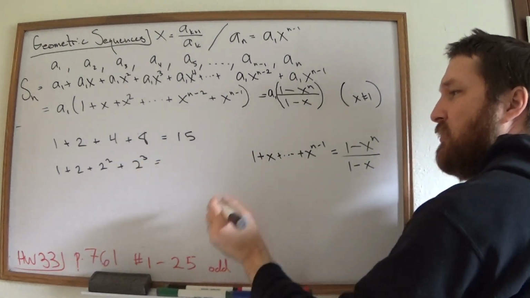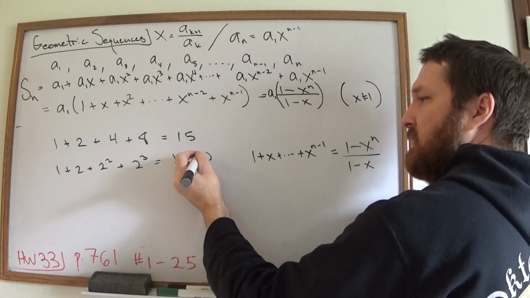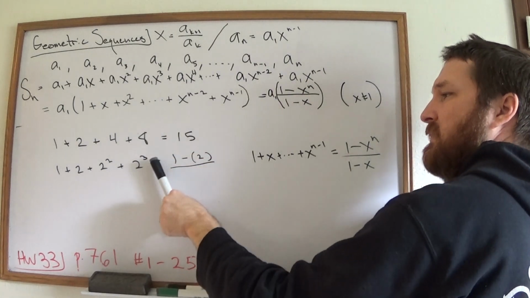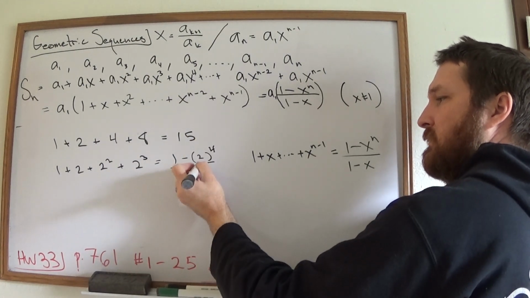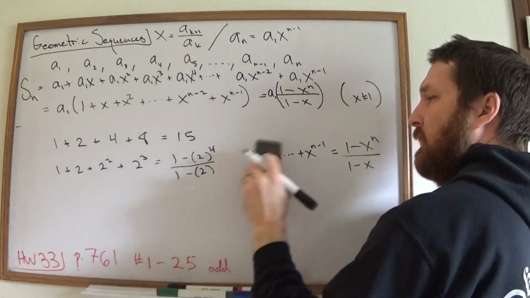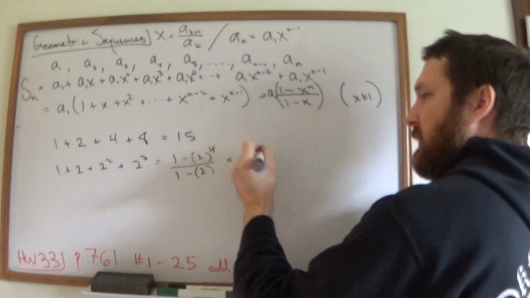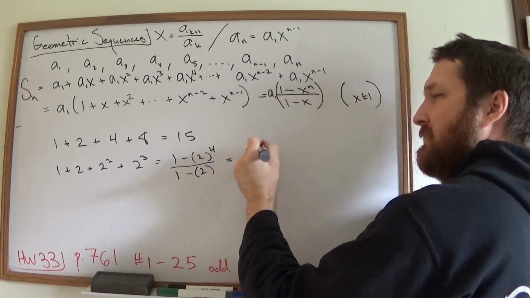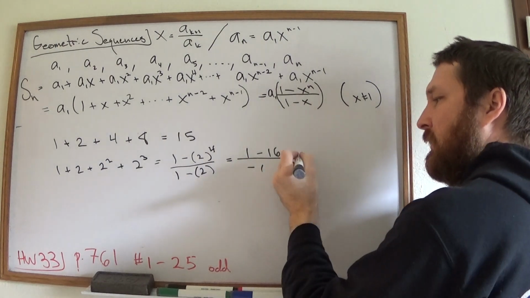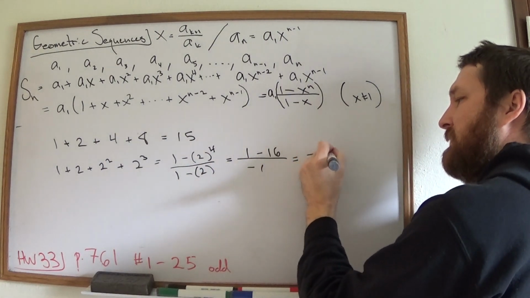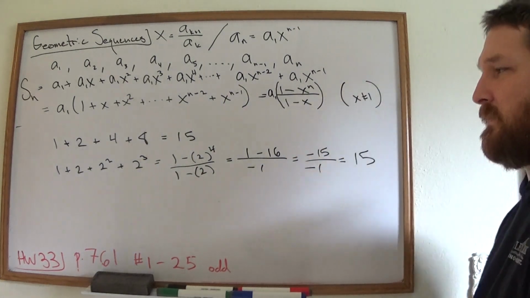My formula tells me it should be the same thing as 1 minus 2 raised to the next power up, which is 4, over 1 minus 2. So let's just check it. 2 to the 4th is 16. 1 minus 2 is negative 1. 1 minus 16 is negative 15. Negative 15 over negative 1. Ho! It works.